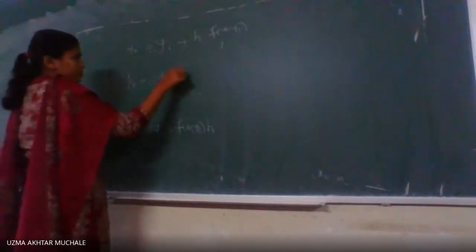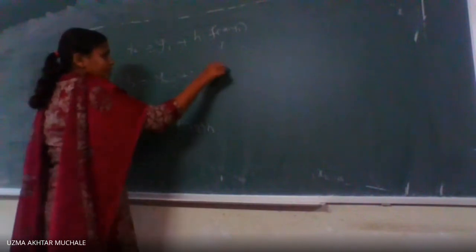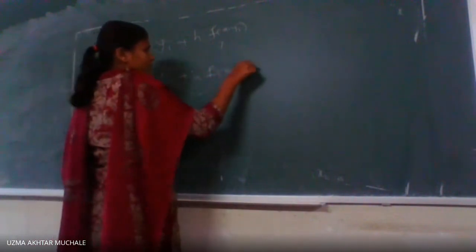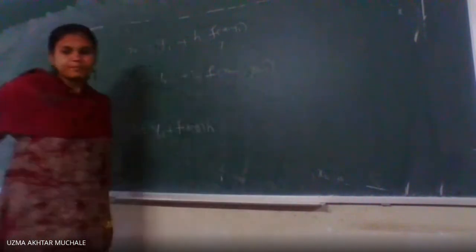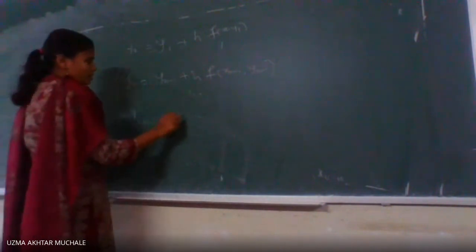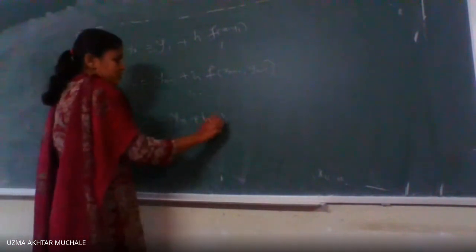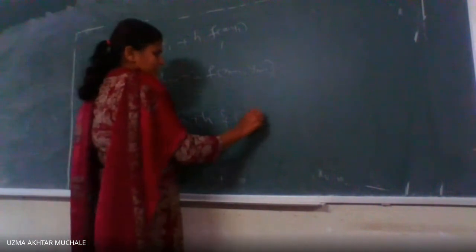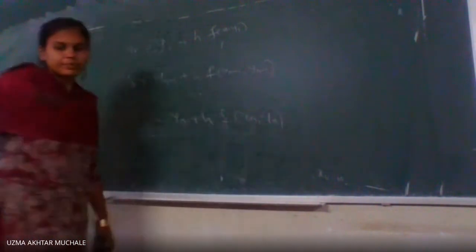Similarly, yn is equal to yn minus 1 plus h times f of xn minus 1, yn minus 1. Or you can write the general formula for n plus 1, that is yn plus 1 is equal to yn plus h times f of xn, yn. And hence the result.